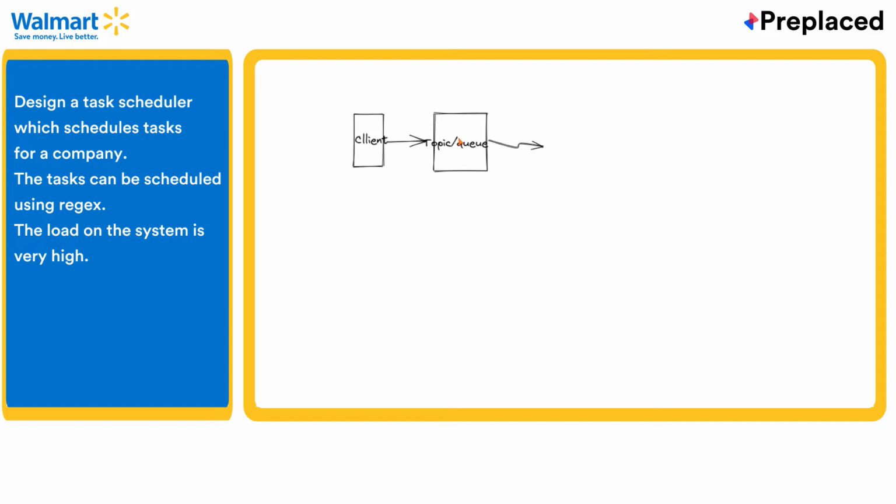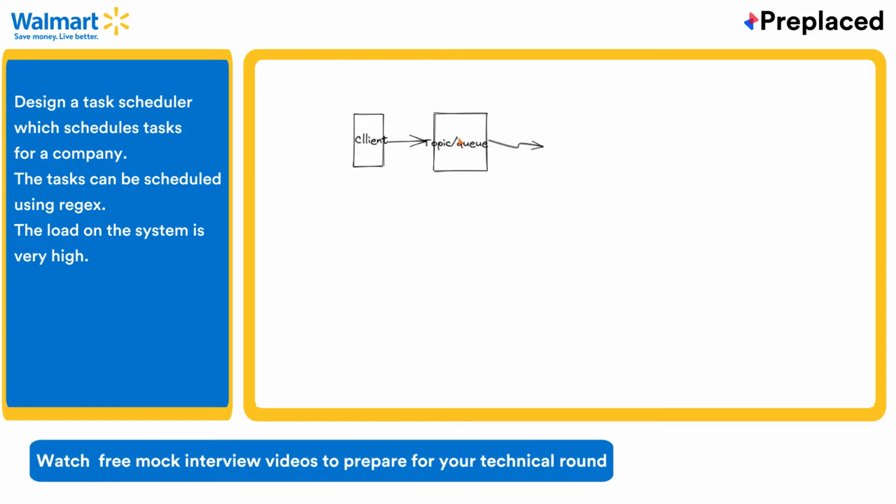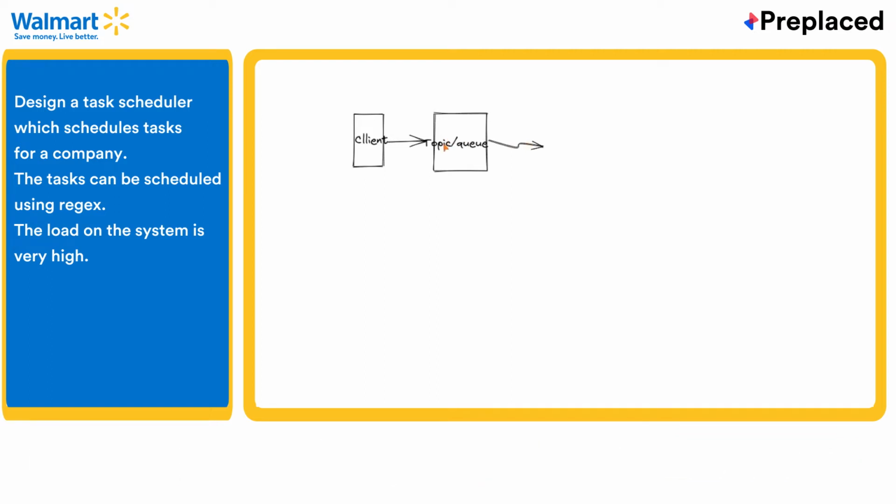One thing I want to know is how many topics will be there in your Kafka and how will that look? So we can have a few topics on the basis of priority, some low priority tasks or some high priority tasks. Who is deciding the priority here?